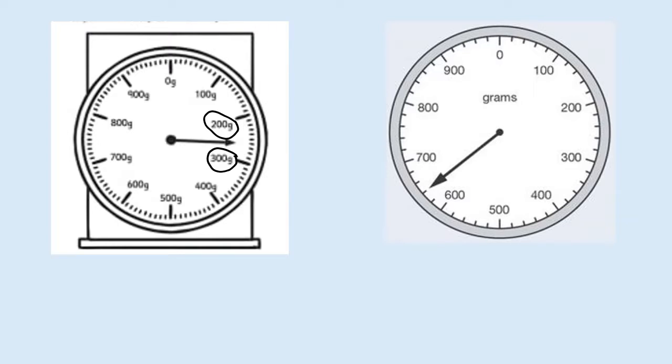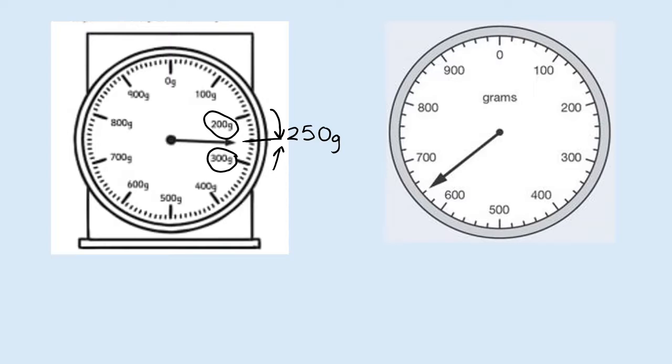So we know that it weighs more than 200 grams, and it definitely weighs less than 300 grams. So we need to find what falls halfway between 200 and 300. Now I know that half of 100 is 50, so I would assume that this represents 250 grams.